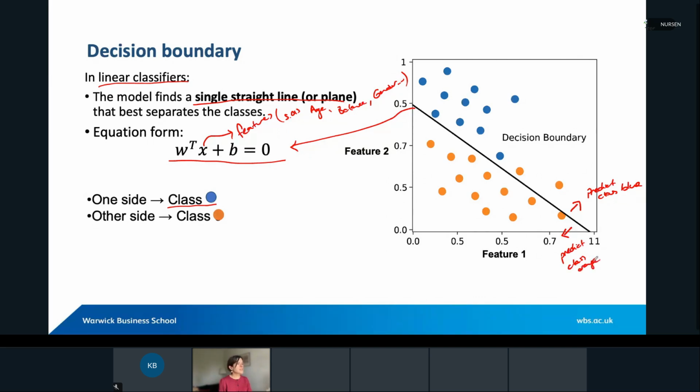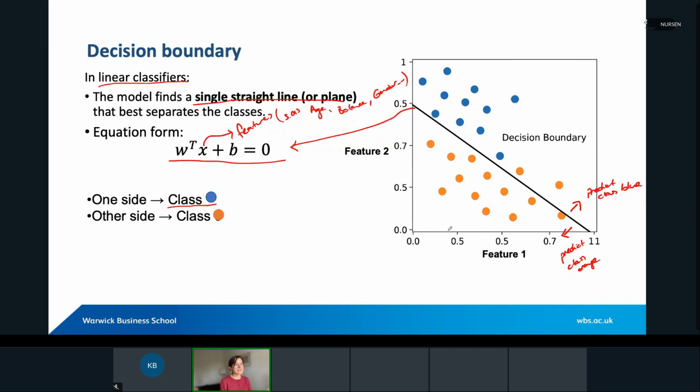Okay, so in the decision trees, we use the features individually, like age, balance, gender, female, male. So we split the data. On the other hand, in linear classifiers, we use the combination of the features to come up with a straight line, and then the straight line is used to make a prediction. If a point is over the straight line, let's say as in here, on the right-hand side, based on the majority, we identify the class.